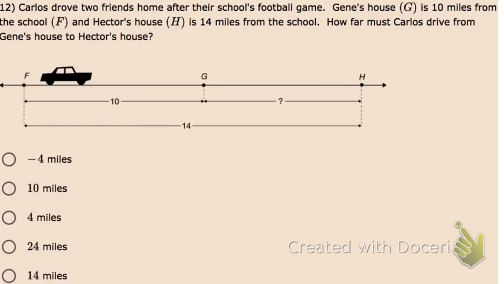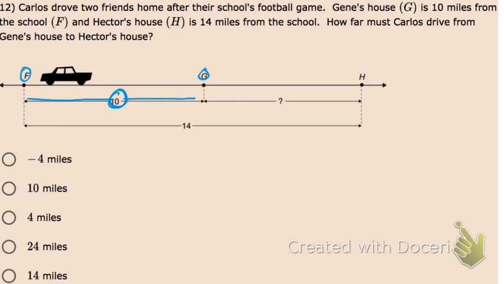And then for this one here, it says Carlos drove 2 friends home after their school's football game. Jean's house is 10 miles from the school, so they're saying the school is F. And from F all the way to Jean's house, that is 10, okay?